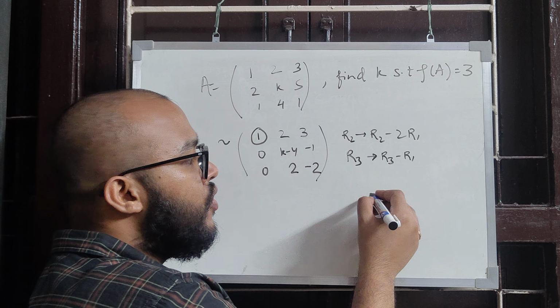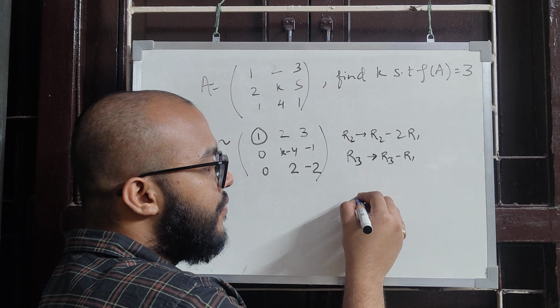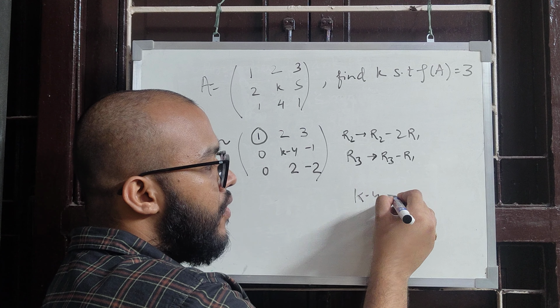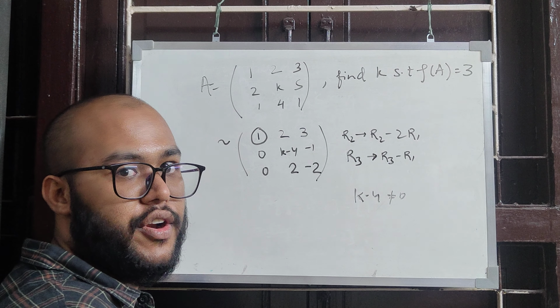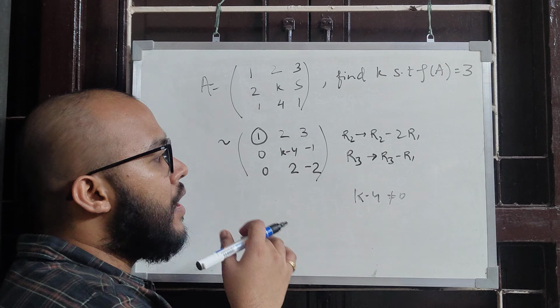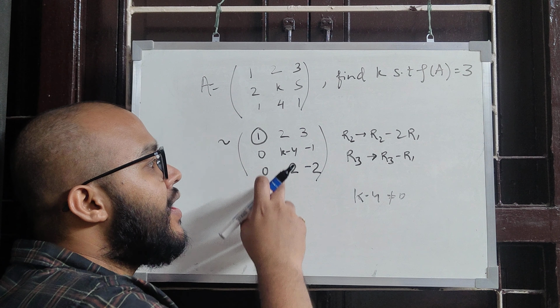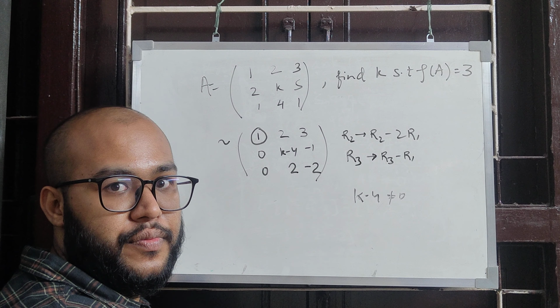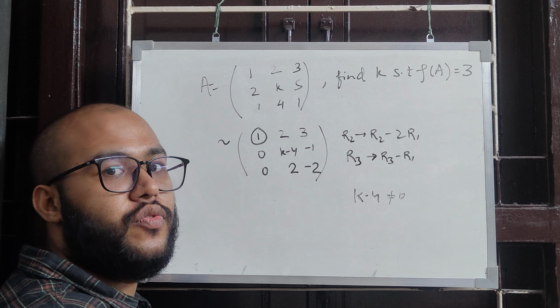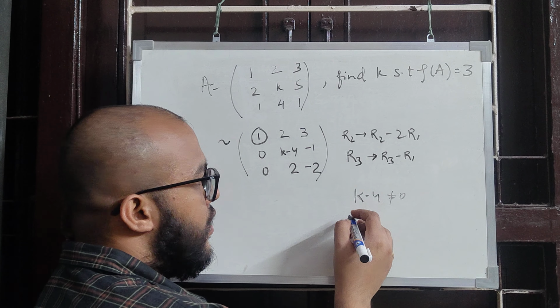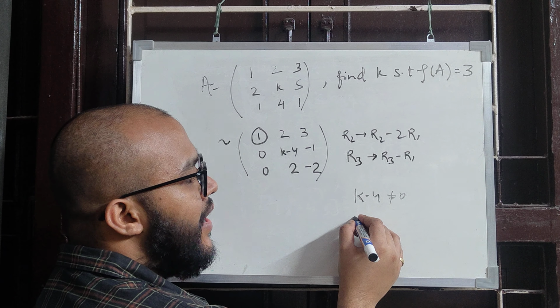So k minus 4 is non-zero, that's for sure. Now how do we make the 2 a 0 so that k minus 4 stays non-zero?